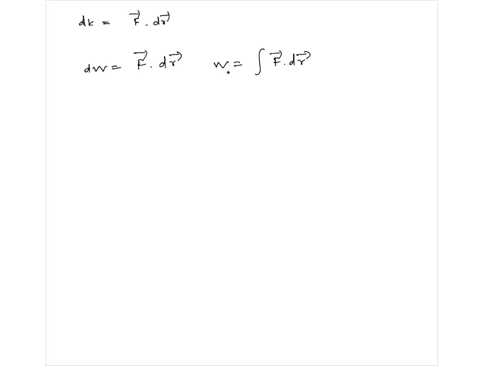So when we define dw like this or w like this, then here F can be the net force also, but it can be the individual forces also. So your body may be acted upon by number of forces. You can talk individually. What is the work done by gravity? What is the work done by friction? What is the work done by normal reaction? You can talk in individual way like this. You can also say what is the work done by the net force.